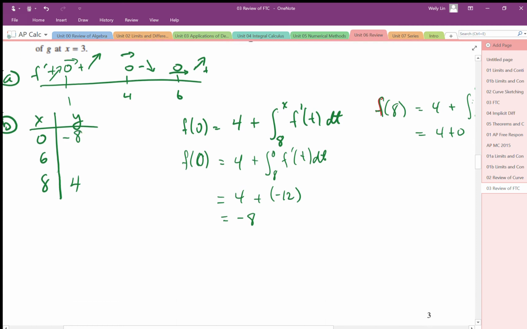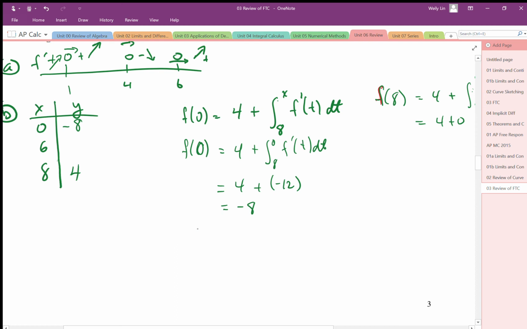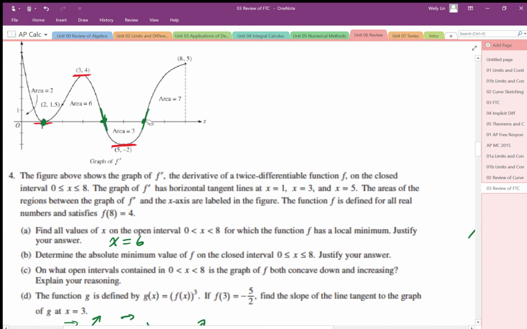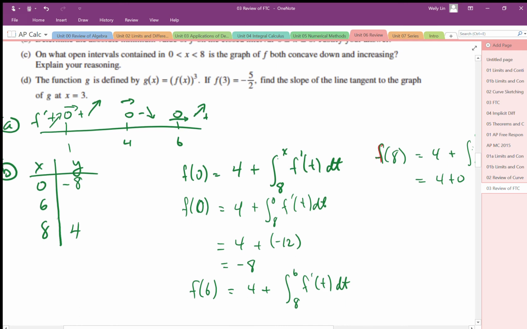Then I need to do the same thing for f of 6. I'm going to integrate from 8 backwards to 6 of f prime t dt, looking at this area from 8 to 6. I think that's 6 there. The area is above, so it's -7 displacement.